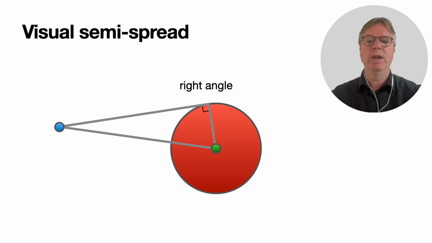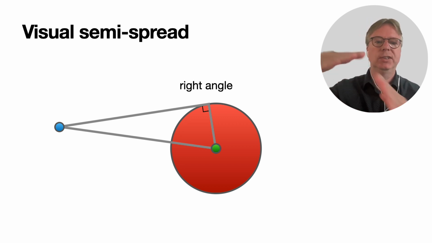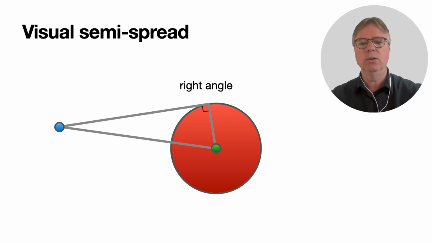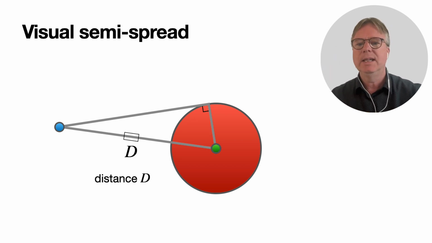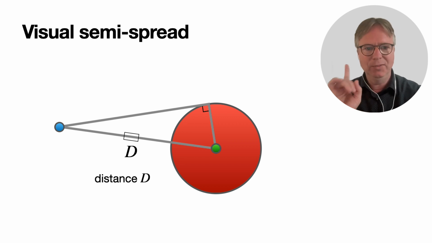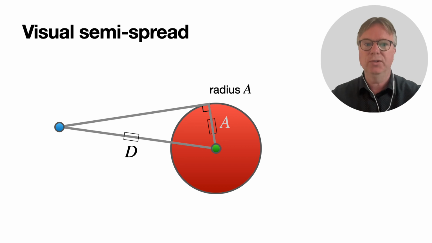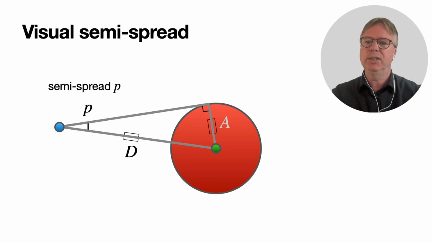So we can see that we have a right angle, so the radius and the light ray make a right angle, so that's interesting. So we have a distance D, distance in quadrance, of course. We have a radius A in quadrance again, and the semi-spread P on the left there.